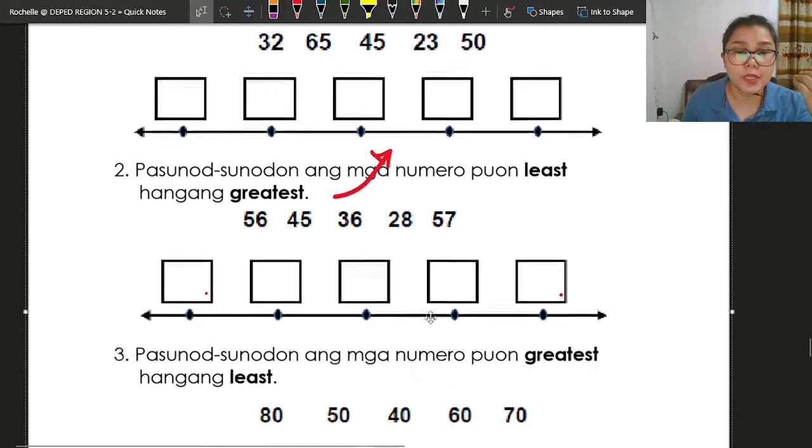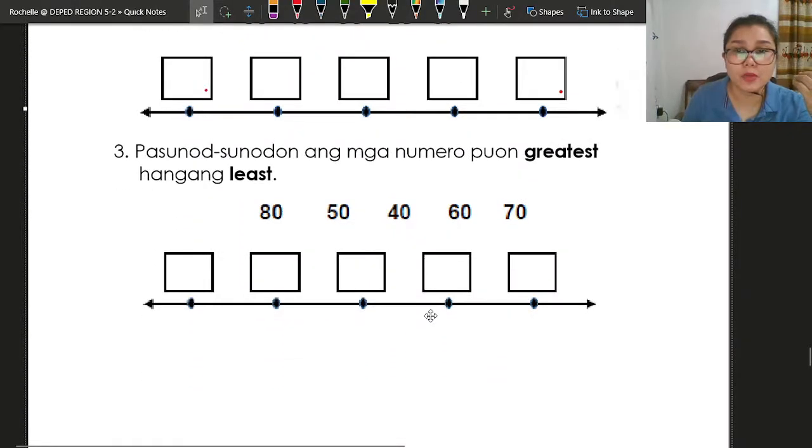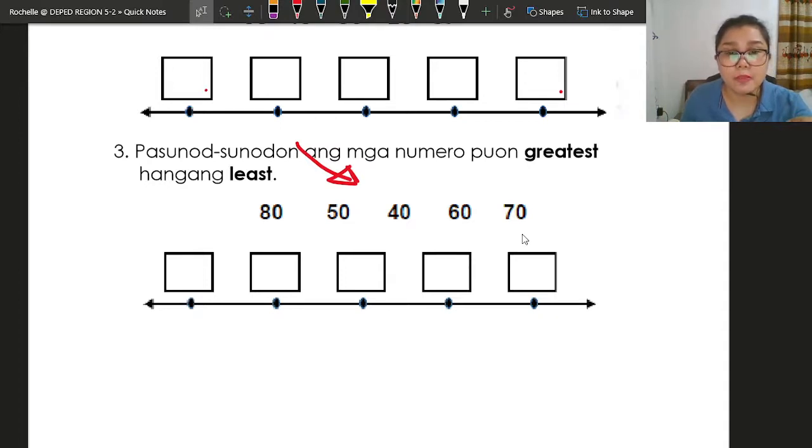And then, for number 3, ito yung tinutukoy ko, it means greatest to least, it's going down. Okay, you have to choose first which is the greatest. Ano yung pinakamataas? 80, 50, 40, 60, or 70. And then, on the rightmost should be the lowest number. Write it correctly in the box.